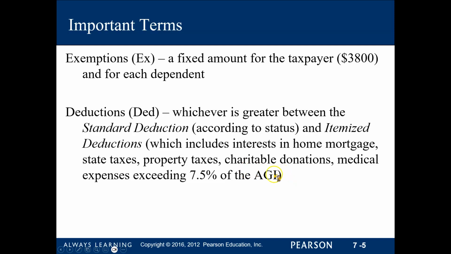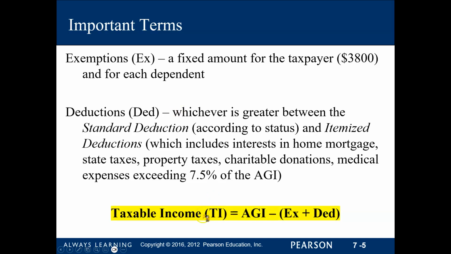Given these two definitions, to find the taxable income, we will be subtracting from the adjusted gross income the sum of the exemptions and the deductions. As you can see, our operations are pretty easy. It's addition and subtraction, but make sure that you understand the representation of each amount that you will see in the word problem, so that you will be able to get the correct values.